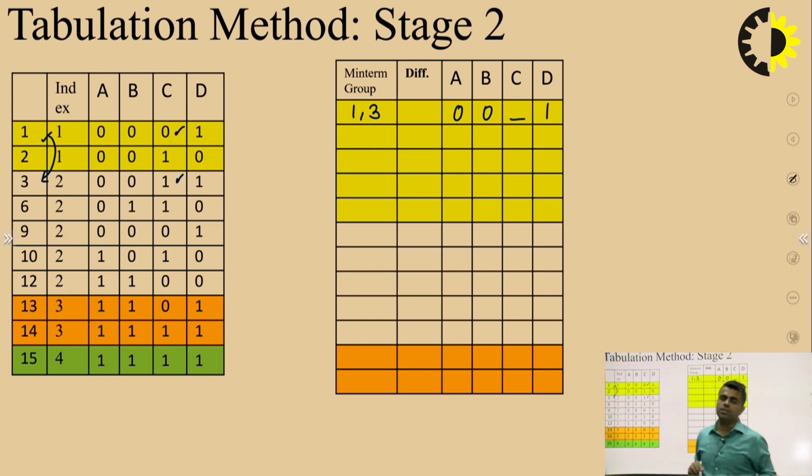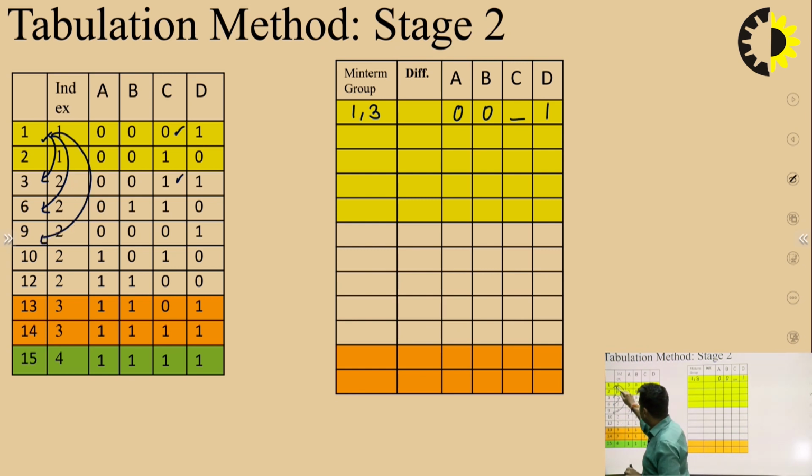Wherever you find the difference, that position has to be left blank, or you show a hyphen there to indicate it has been eliminated. So if I make a group of 1 and 3, variable C will be eliminated. That's why C is neither 0 nor 1. Similarly, I can check 1 and 6, then 1 and 9, 1 and 10, then 1 and 12.